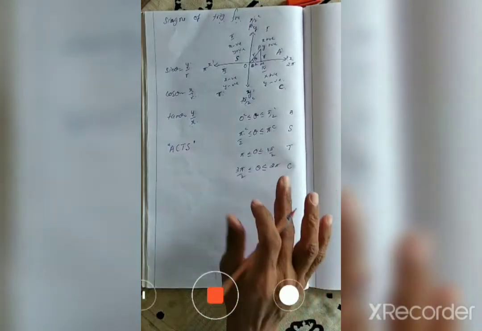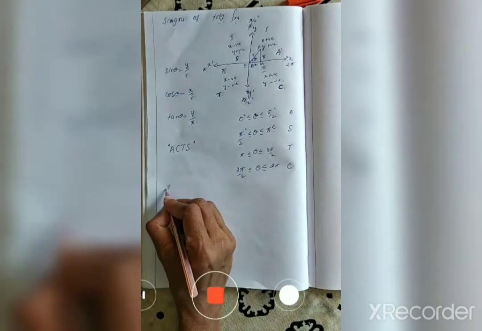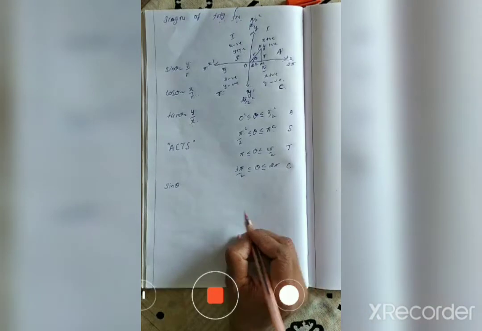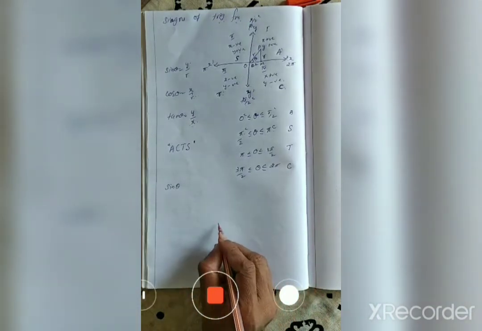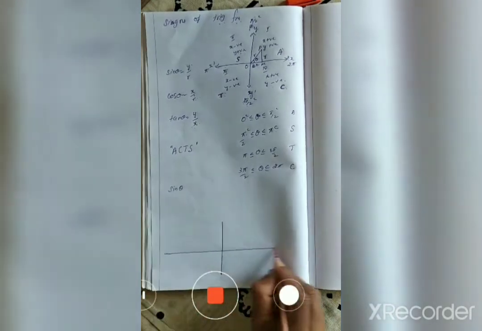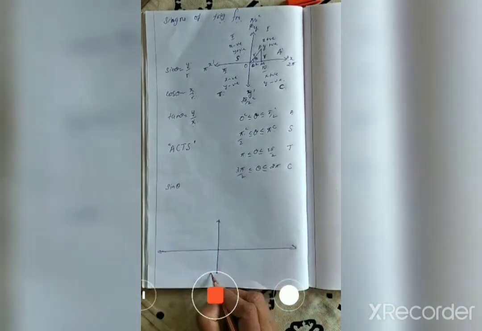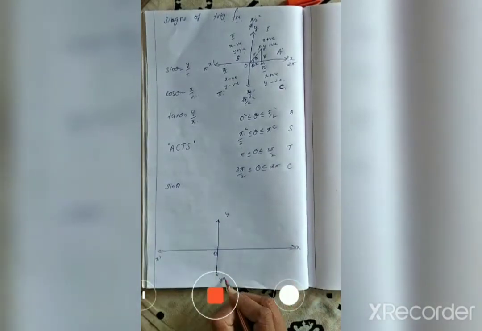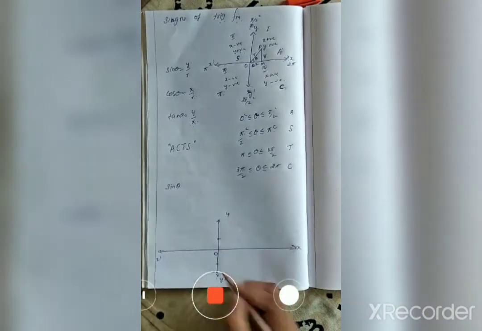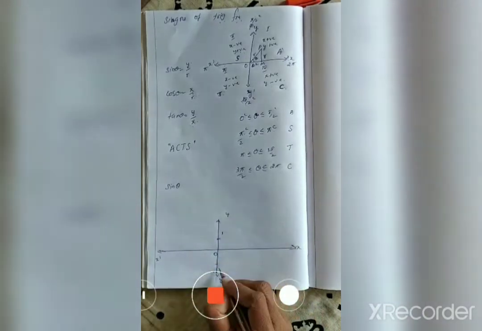Next, let us try to draw the graphs of trigonometric functions. Now we know the values. Let us draw the graph of sine theta first. To draw the graph, we have to take the angles on x-axis and the values of the sine function on y-axis.